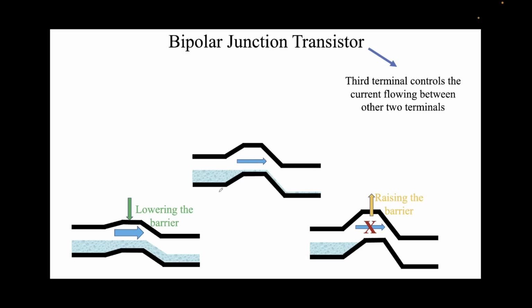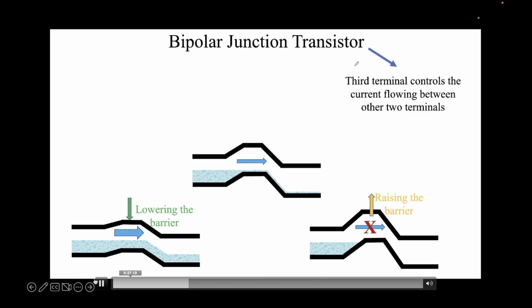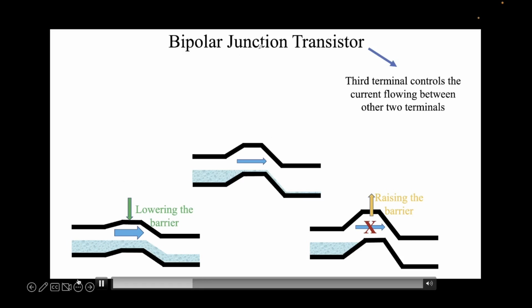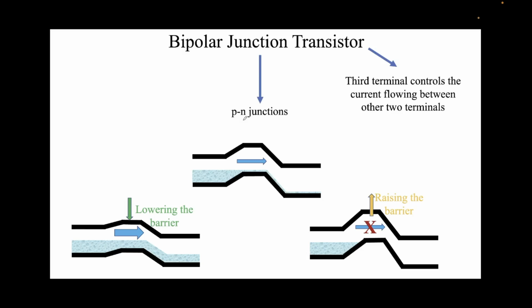And this type of behavior is known as a transistor, where a third terminal is controlling the flow between two other terminals. The second term in BJT is junction. What kind of junction we are talking about? And this is a very important term, transistor. In the next class we'll also cover the transistors. In that we cover a different type of transistor, which is field effect transistors, FETs.